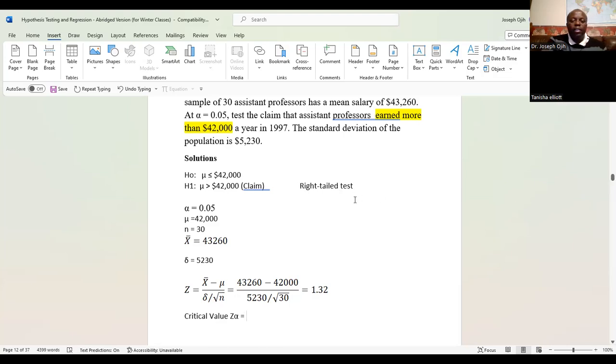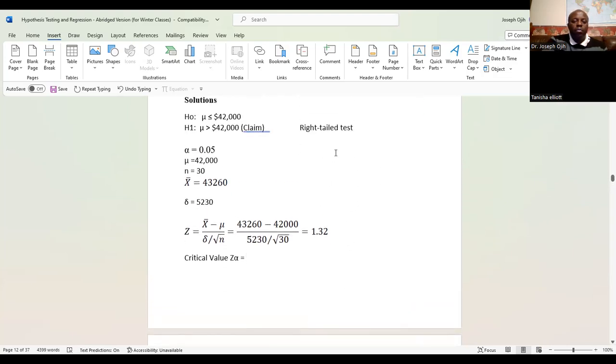So z alpha equals, let's find it. Before we can find it, we'll make a drawing here. We draw the chart for this. You see that we have 0, and we have the critical value we are looking for, z alpha.